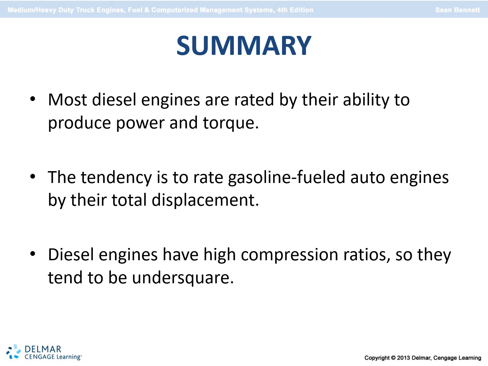Engines create power and torque, and the tendency is to rate gasoline engines by their total displacement, but diesel engines, having higher compression ratios, tend to be undersquare. That means that the stroke is greater than the bore.